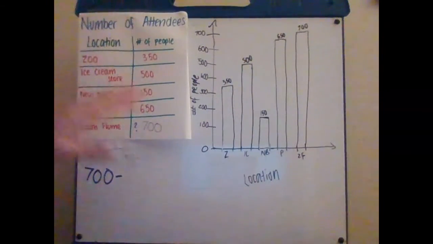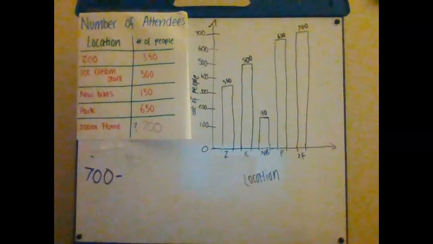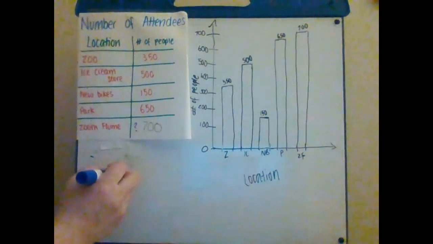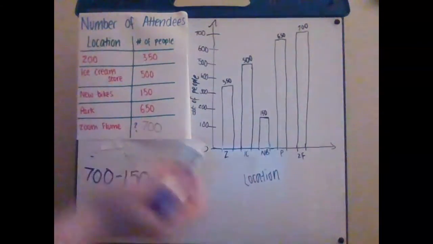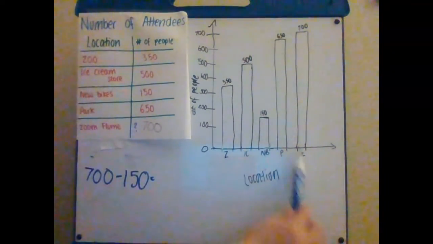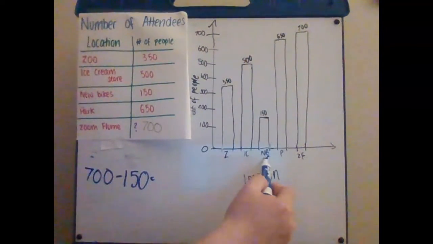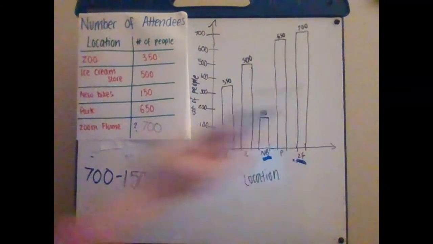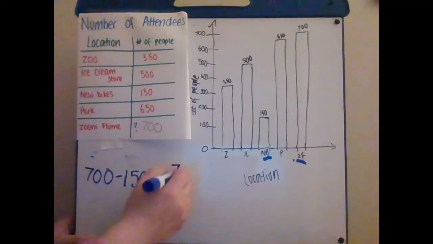I hope you're shouting out to me, Miss Page, Miss Page. I know it's the new bike store. Good, only 150 people went to the new bike store. Okay, so we're finding out the difference between the greatest number and the lowest number. Now, I like to stack my numbers when I'm doing subtraction. So we're going to stack these numbers up here.